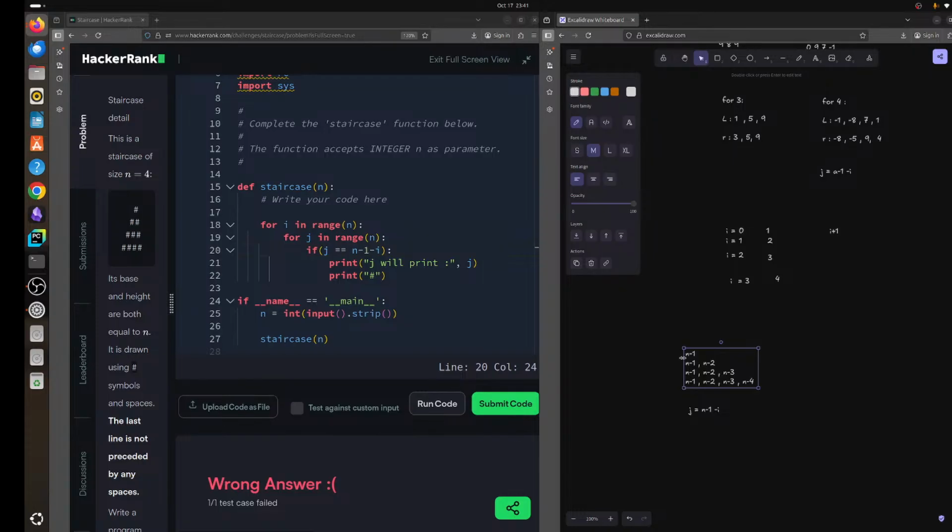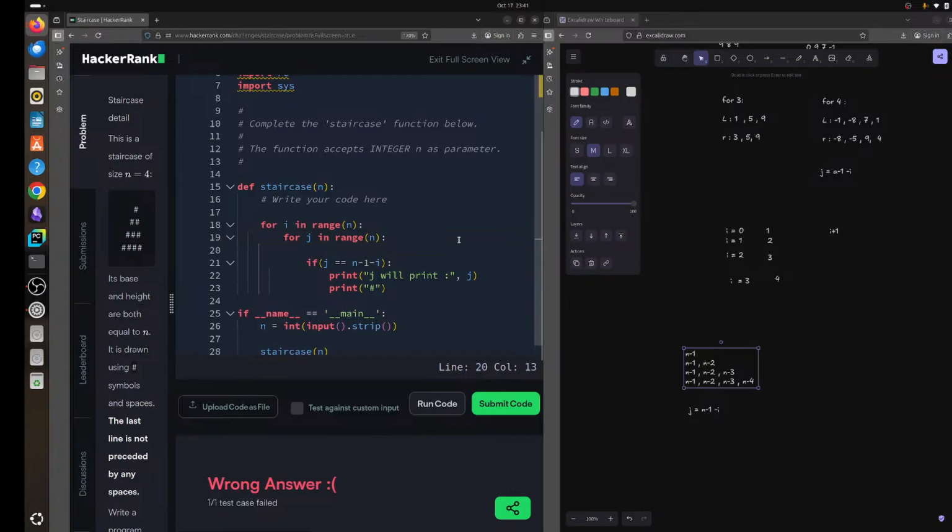How many times? Let's consider the times. Let's put here times equals n minus 1 minus i.